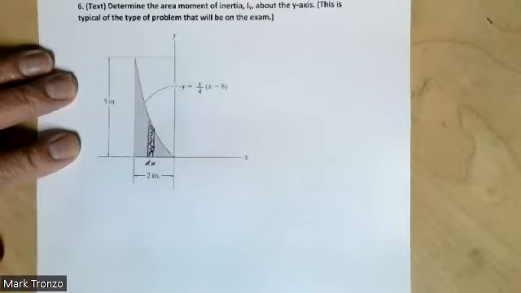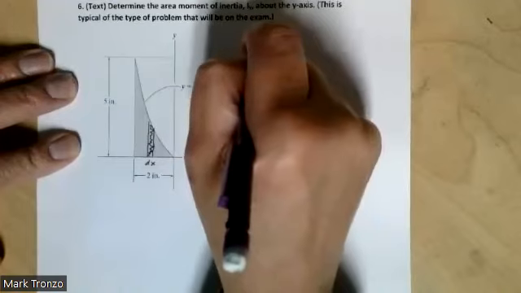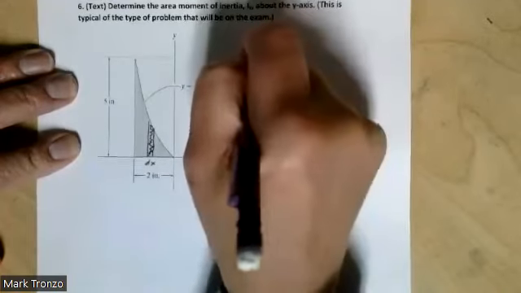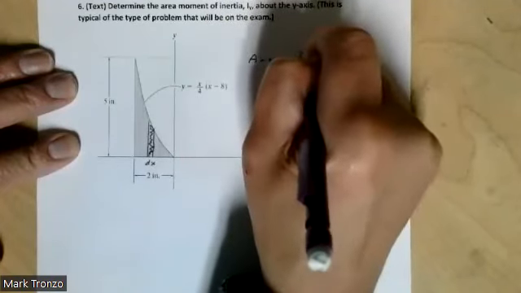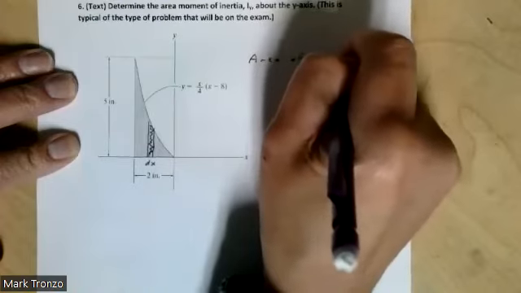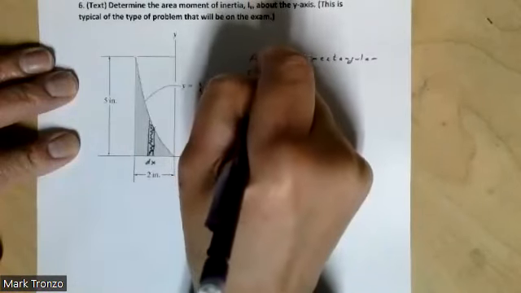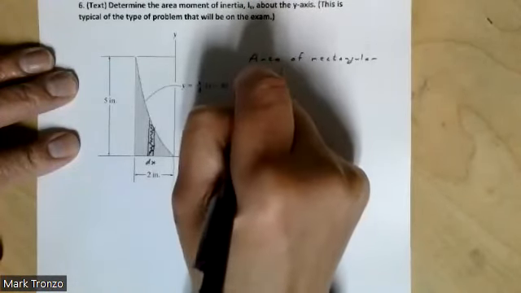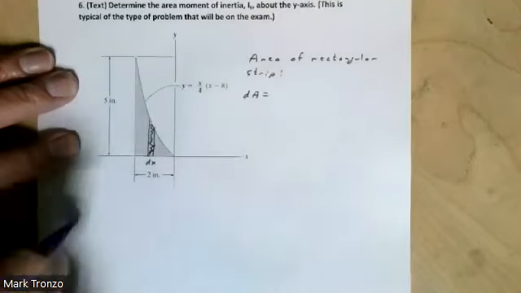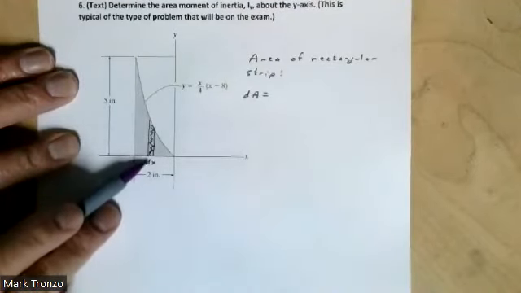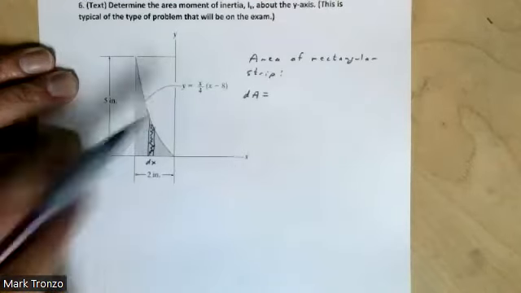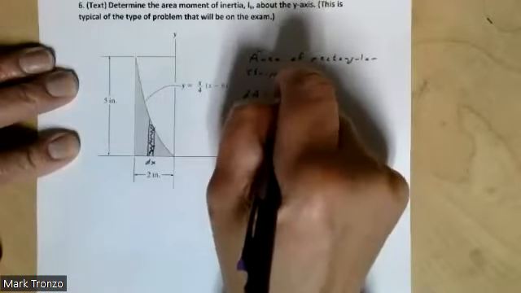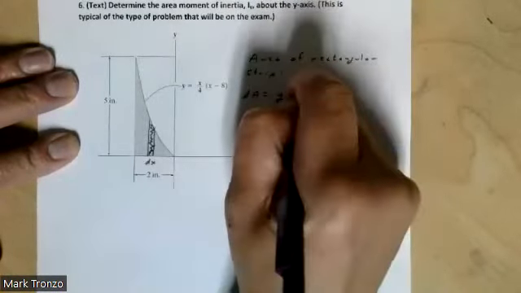And so once again, if you think what's the area of this strip, that's going to be dA, which is going to be the height times the width. And of course, the height of this thing is going to be y, and the width is going to be dx.